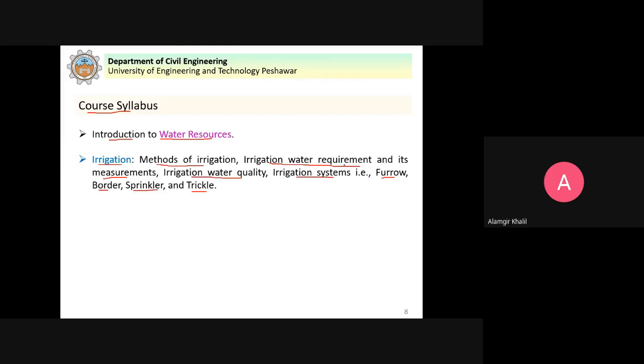Irrigation water requirement: how we can calculate the water needed by certain crops for their growth. We will study how to calculate that water, based on which we supply the water to the agricultural land.